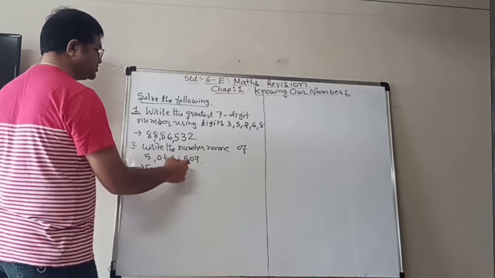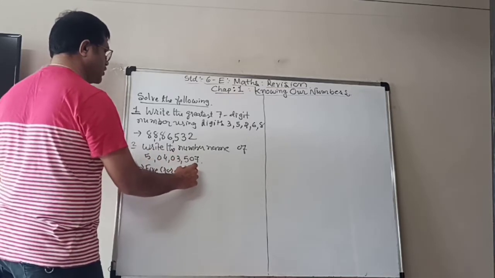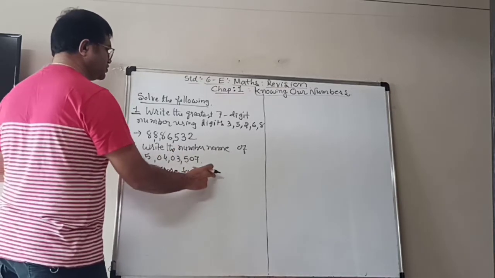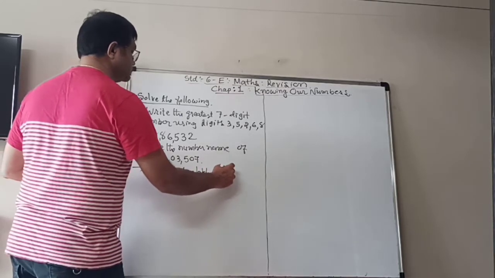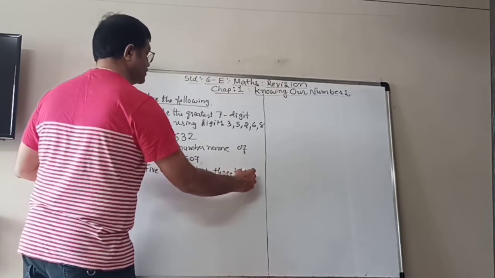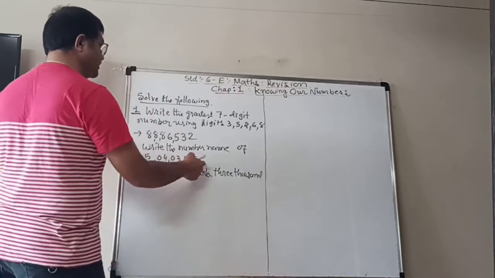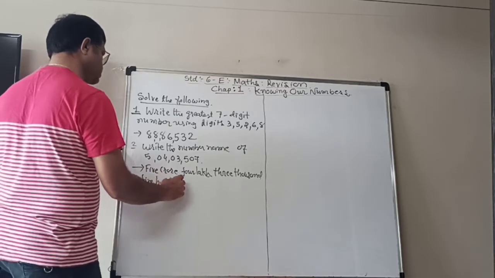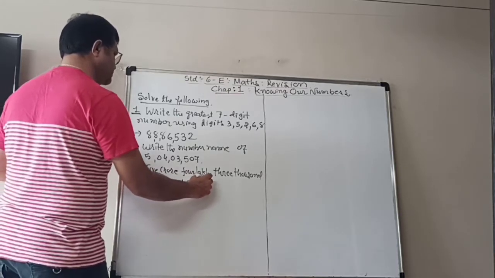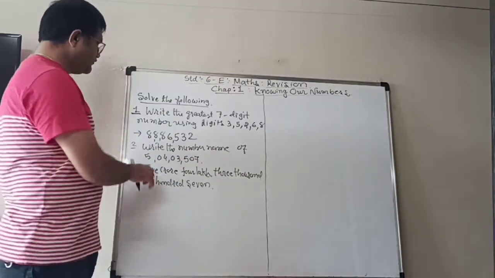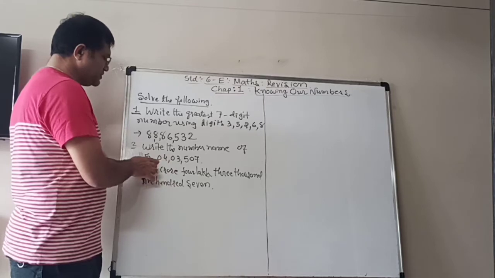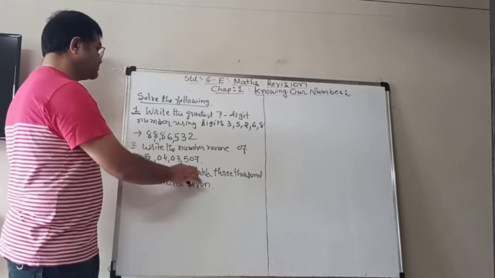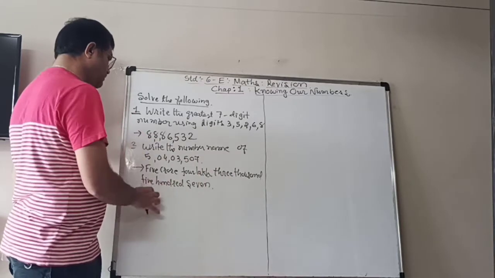Now 10 lakh is not there, so only 4 lakh. 10,000 is also not there, that is 3,000, 507. So 5 crore. If there is another digit, you can write down 24 lakhs or whatever is there. But here it is only 4, so 4 lakh 3,507.